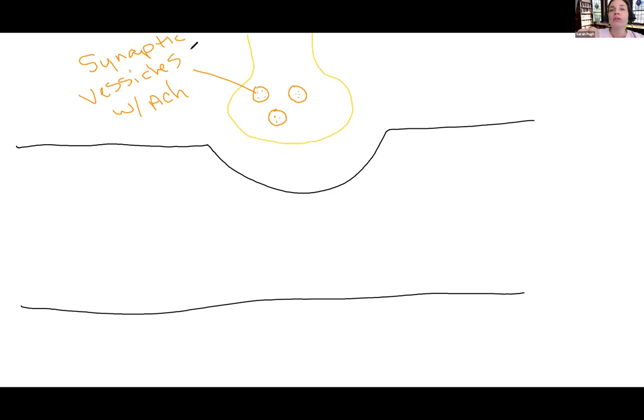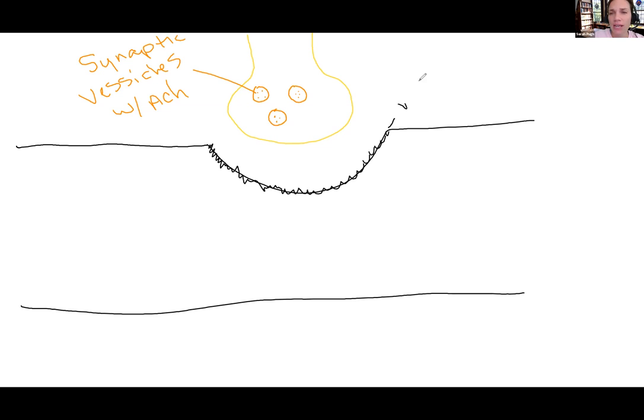Now I also told you that directly opposite from that axonal ending on the sarcolemma, you have something called the motor end plate. So it's really like this portion right here. It's not smooth. It's sort of a wavy area, and that is our motor end plate.